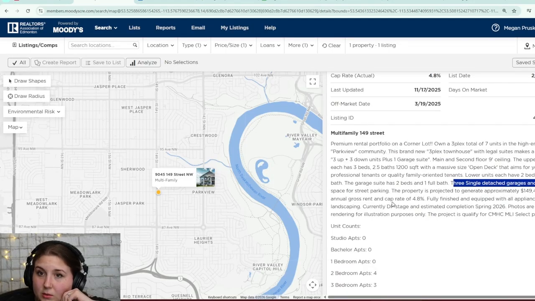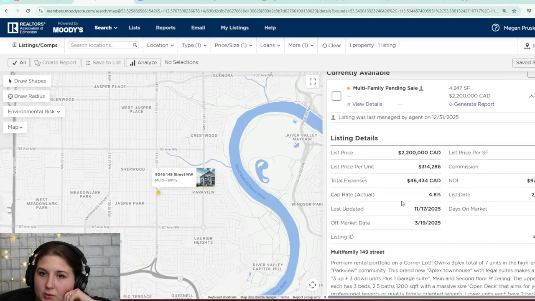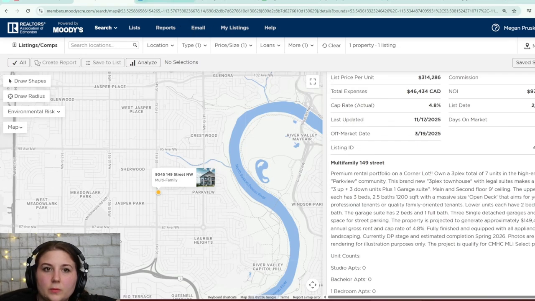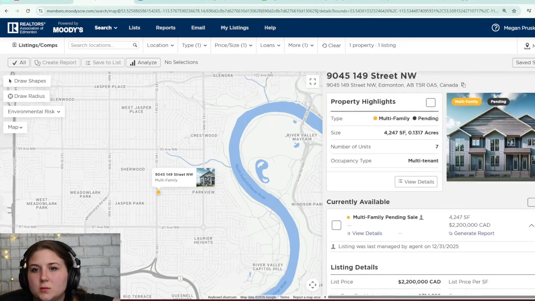Ooh, that's nice. I don't think it actually says what the main floor units are. Oh, 3 beds, 2.5 baths. I'm just blind. Okay, 3 beds, 2.5 baths.